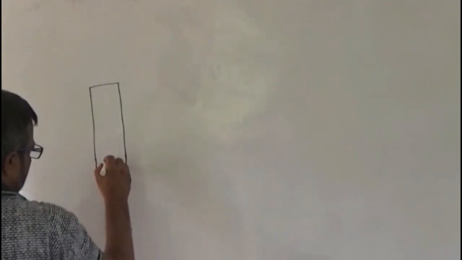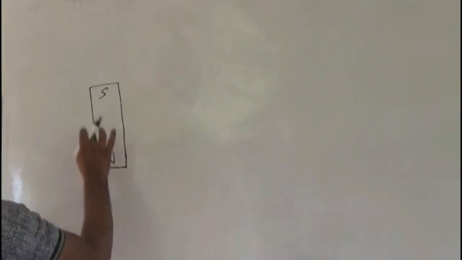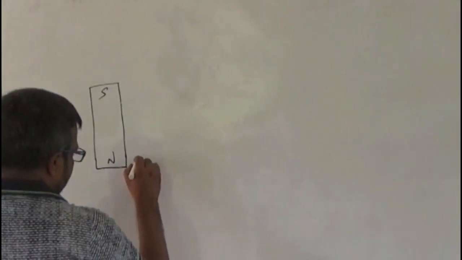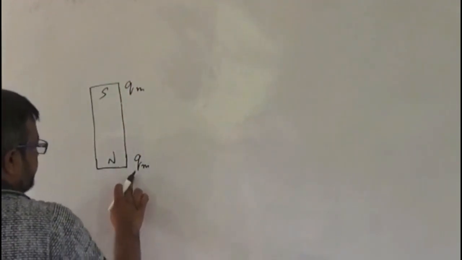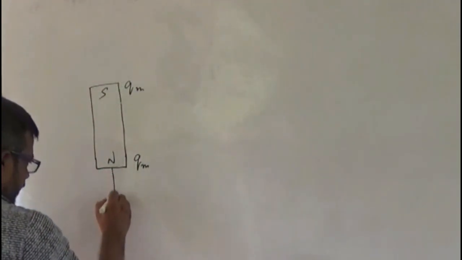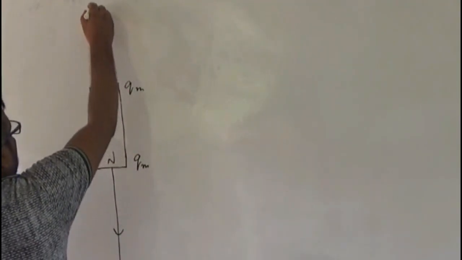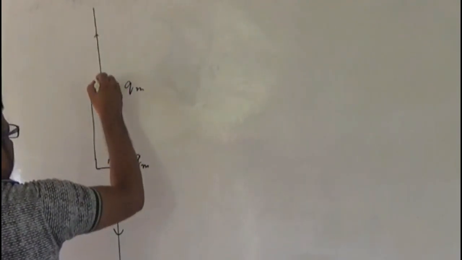Let us say this is a bar magnet. This is North Pole, this is South Pole. Then the strength is Qm. This can be taken as positive, this can be taken as negative. Field lines are like this.